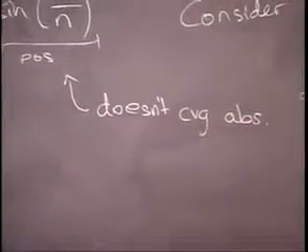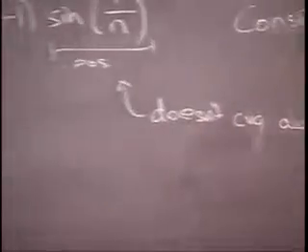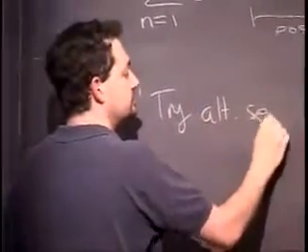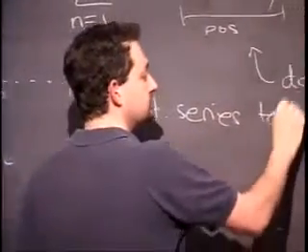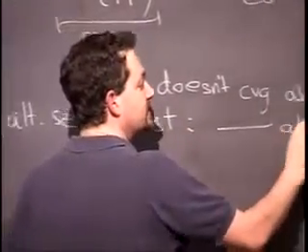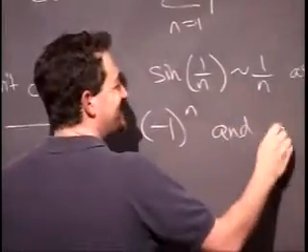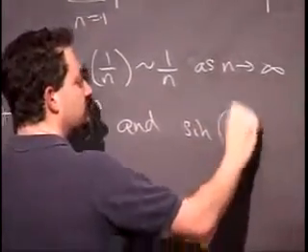On the other hand, let's try the alternating series test. It's clearly alternating because of the minus 1 to the n, and sine 1 over n is positive.